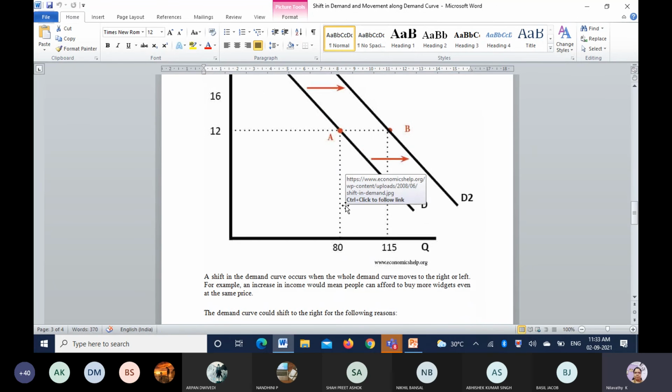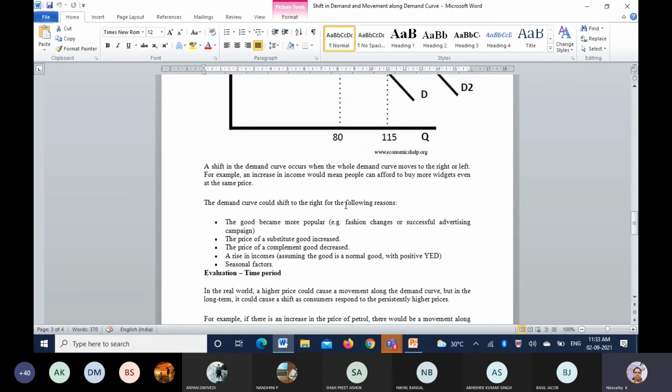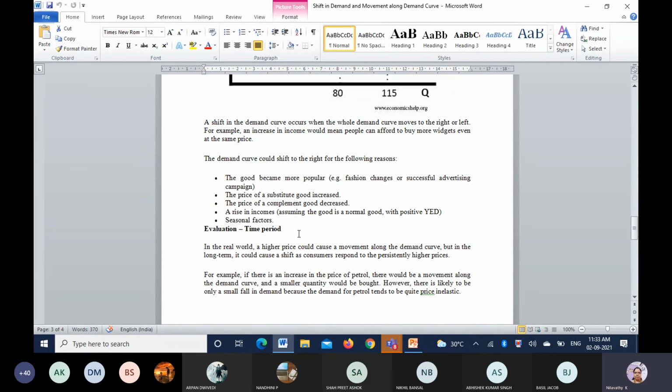The shift in demand will happen in these situations. When there are changes in fashion, without changes in prices, just changes in fashion and some new varieties being introduced in the market, we will prefer more of it and demand more. Or the shift can be because of other factors. There can be an increase in income itself.